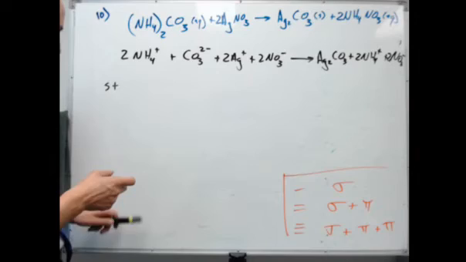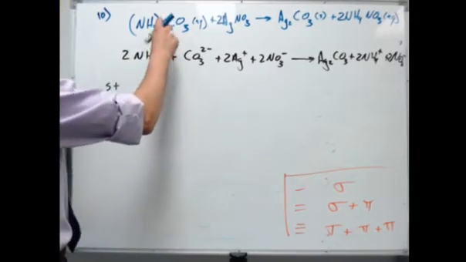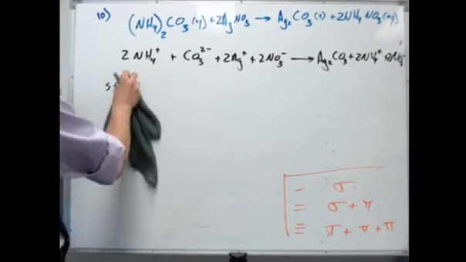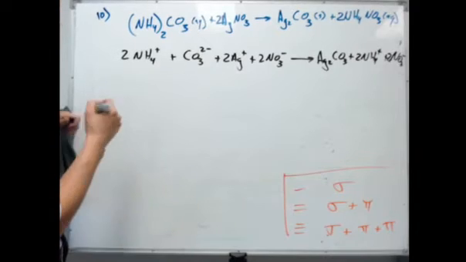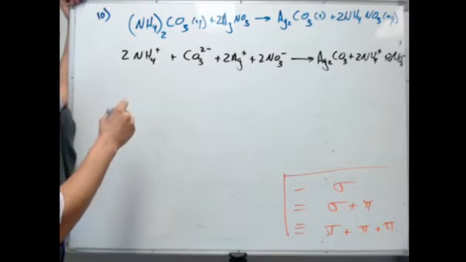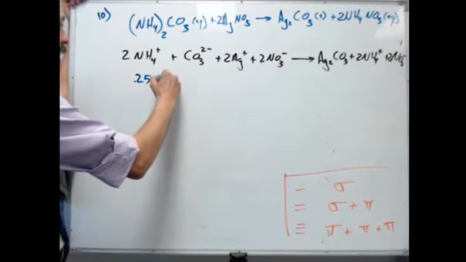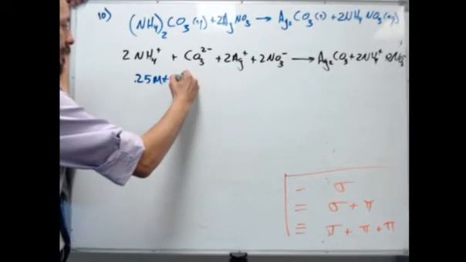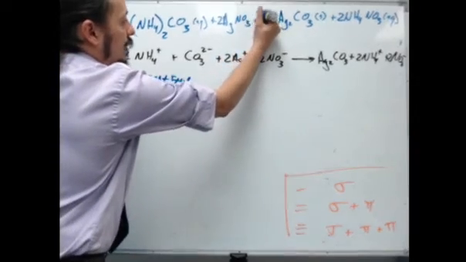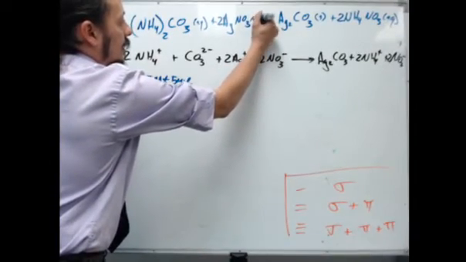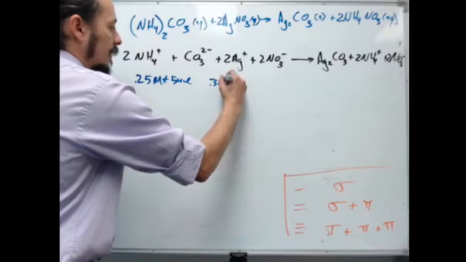How much of the NH4CO3 do you start with? It was 0.25 molar, and it was 5 milliliters. And how much silver nitrate? 0.3 molar and 6 milliliters.